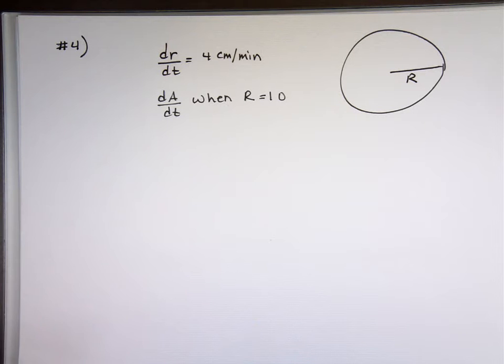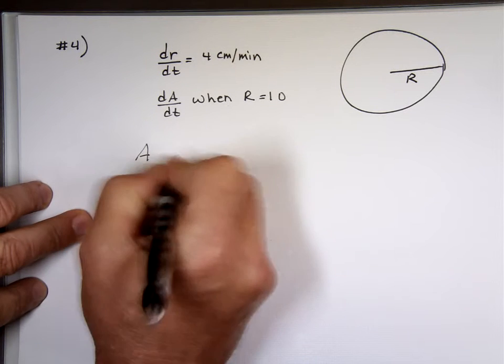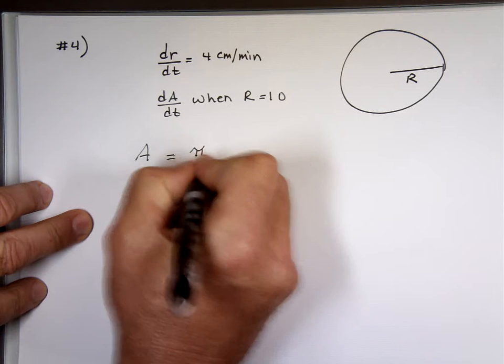We're looking for the change in the area, so I need to come up with an equation that will tie the area to the radius. And where we have area to radius, is there an equation? That's a circle. What's the area of a circle? Pi r squared. Yep.